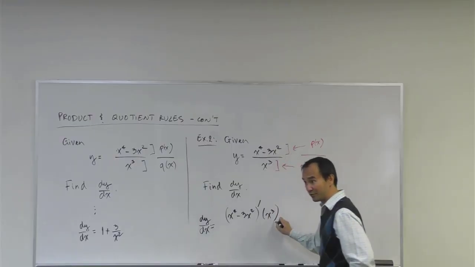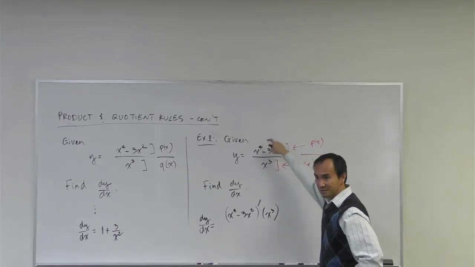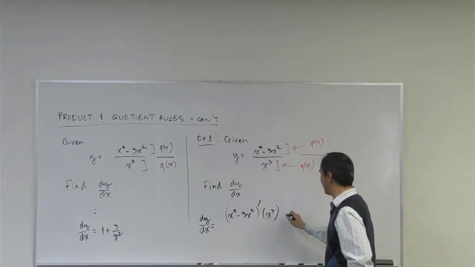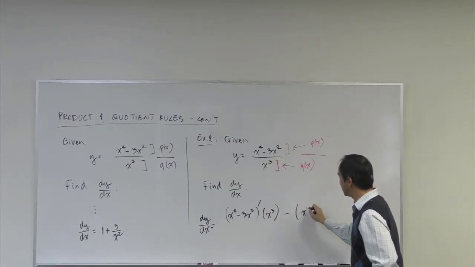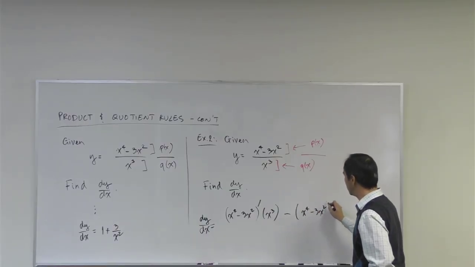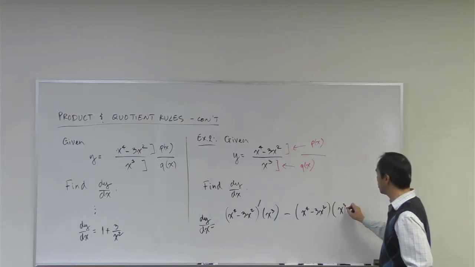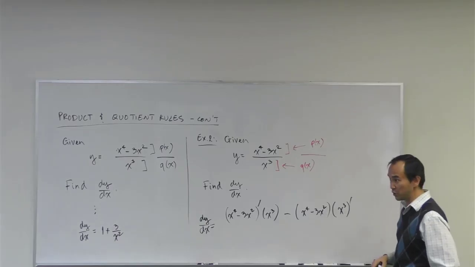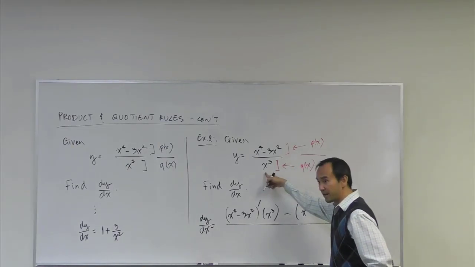You guys follow that, okay? Right. So I'm just setting up the formula with the proper components. Put in and then subtract according to the quotient rule. And then now I'm going to leave it x to the fourth minus 3x squared, no prime, right? But that's going to need to multiply with x cubed prime, the prime of x cubed. And then we're going to divide it by the square of the denominator, q squared.